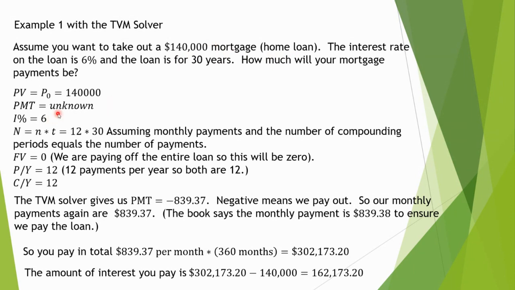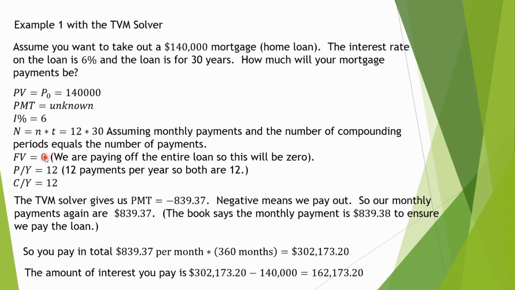PMT is unknown. For the APR, the interest rate, we leave it as a percent. You don't convert it to a decimal; you just take away the percent sign. Capital N is N times T, which is 12 times 30 in this case. We want to pay off the entire loan, so that's why FV is 0.